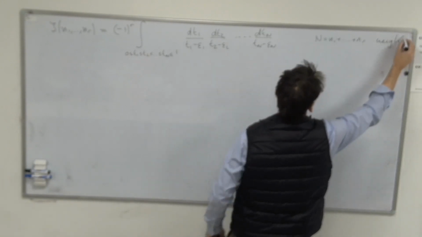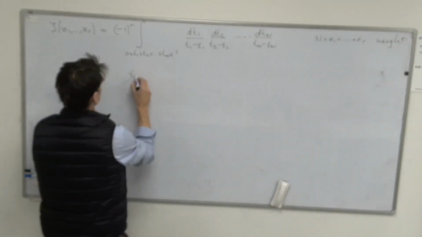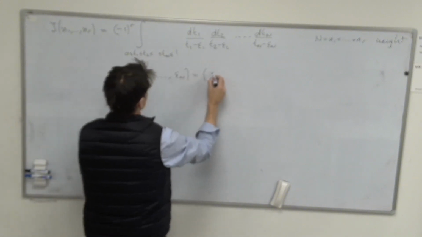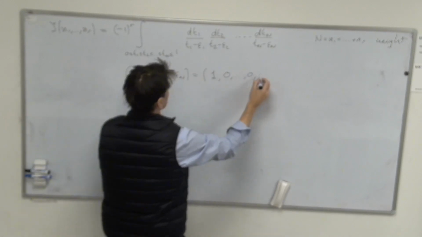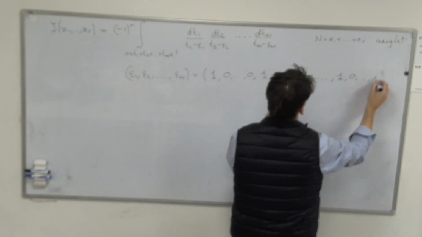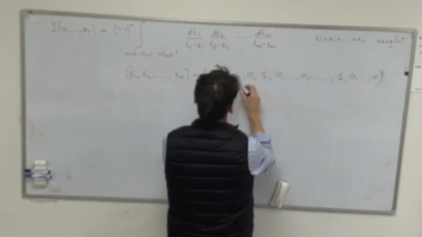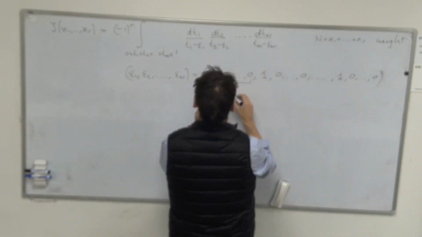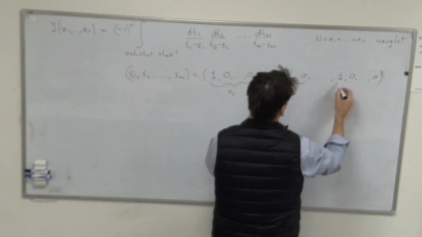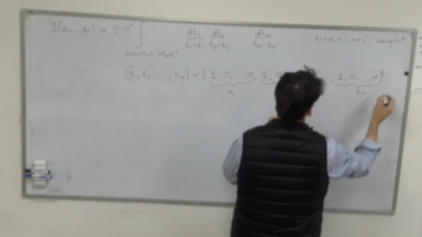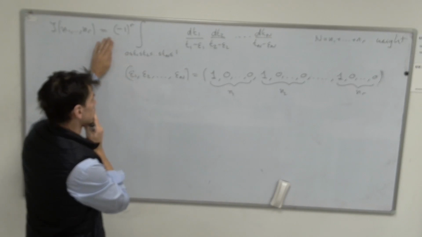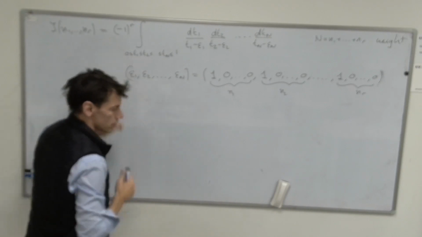It's the number of integrations. And epsilon is 1, 0, 0, 1, 0, 1, 0. So here we want n1, n2, and nr. Can you check my sign? Yeah, that's correct.